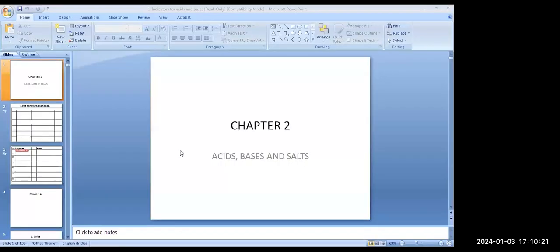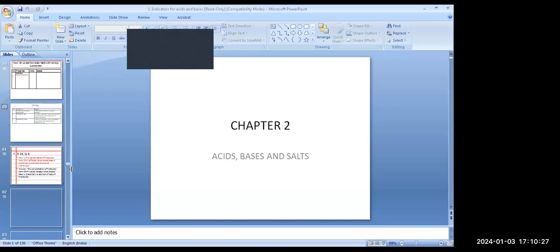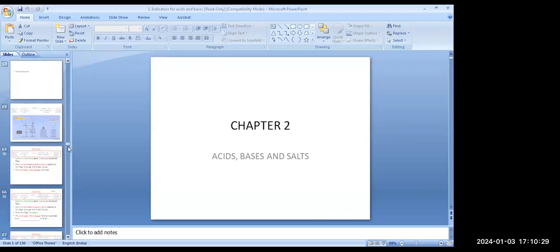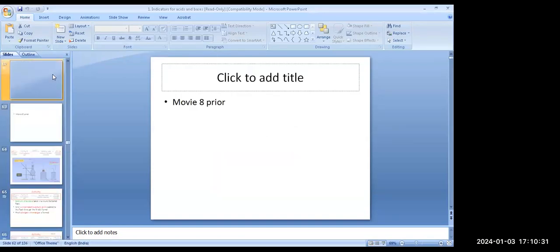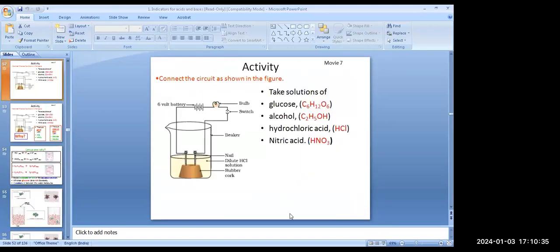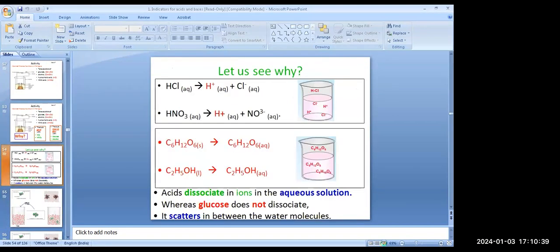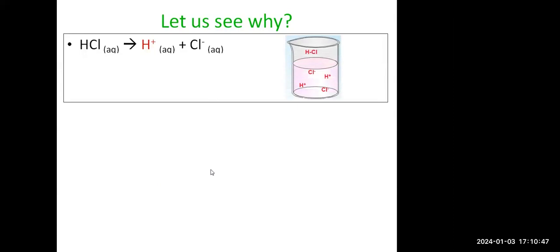Okay, so the screen is there in front of you. Let me go to the slide which we were on. Yes, so this is the slide we were discussing.